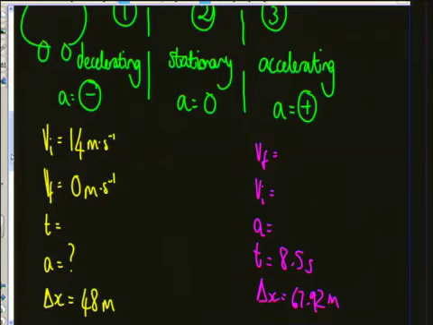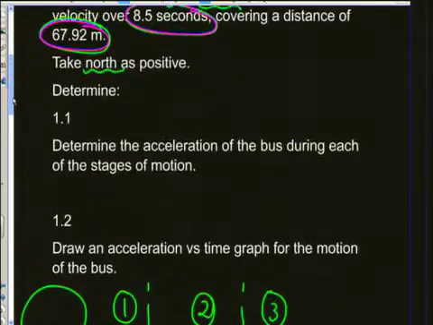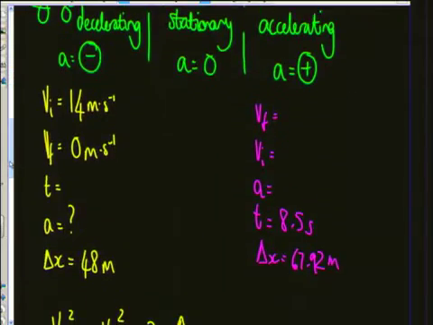I think that was it. Okay. Do I have anything about the initial velocity? No, I don't. But it was stationary at the start of stage 3. So we have got 0 meters per second here.